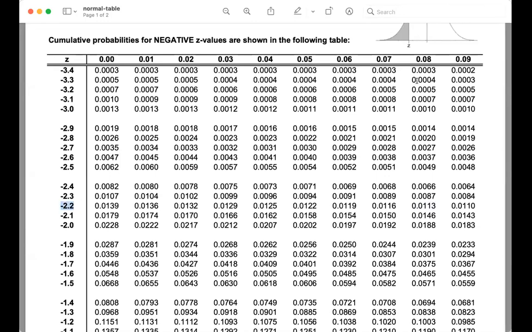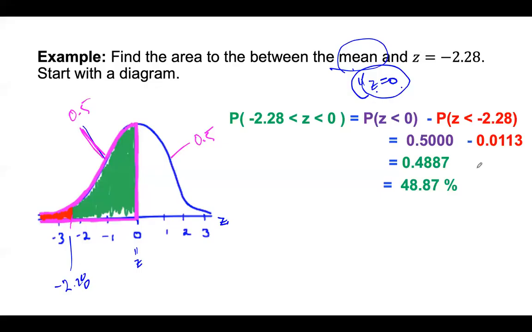So negative 2.28 is here. So you subtract 0.5 minus 0.0113 and we get our area. So this green shaded area is between negative 2.28 and our mean. So it's just about being careful. What is the question exactly asking you to do?